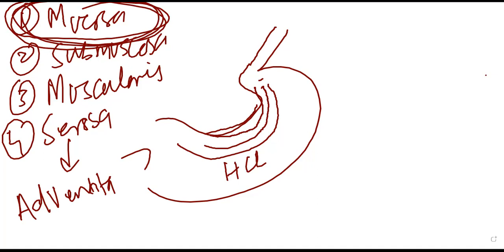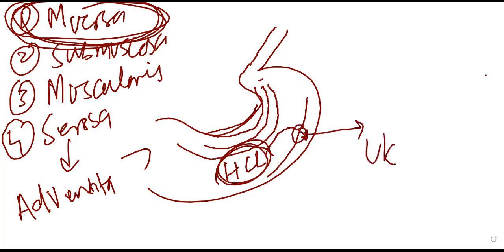So if any deformity occurs in the mucosal layer of the stomach, then these juices can go inward to the other layers, and this condition is called ulcer. So these are the layers of the stomach.